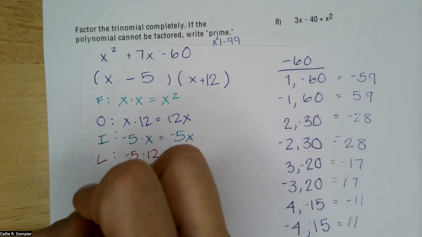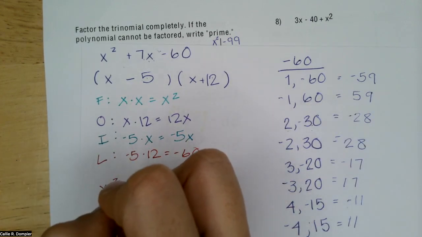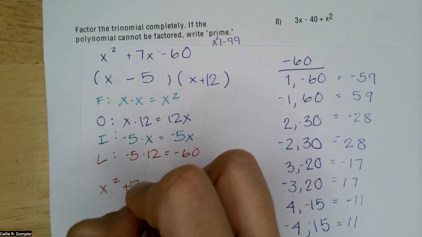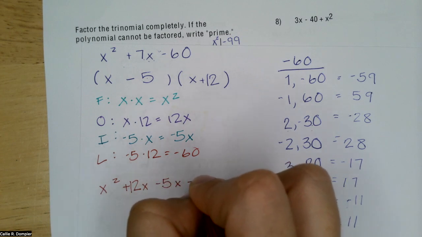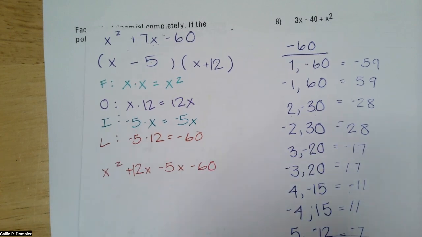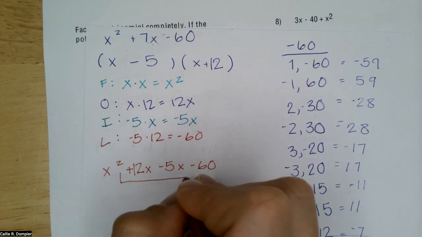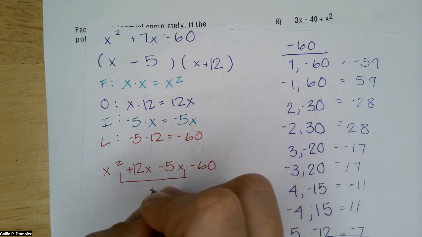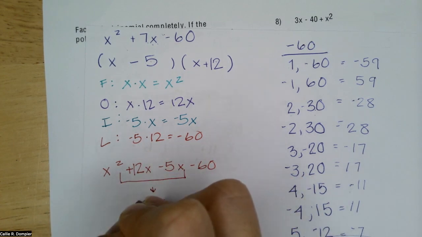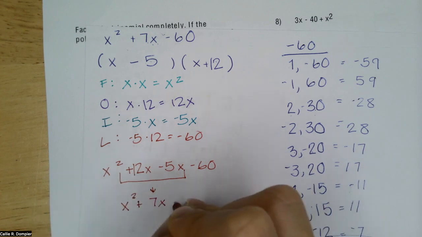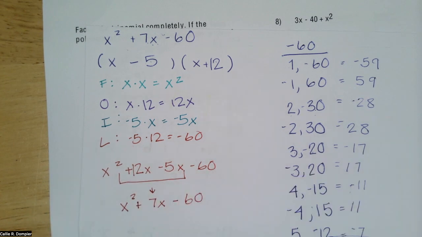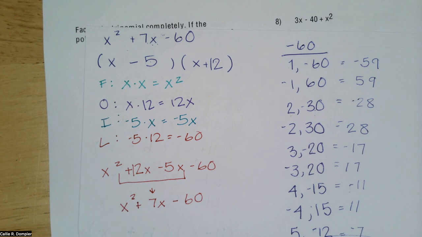Good. So x squared plus 12x minus 5x minus 60. Combine these like terms. 12 minus 5 is 7x. Keep the A and the C terms the same. X squared plus 7x minus 60.